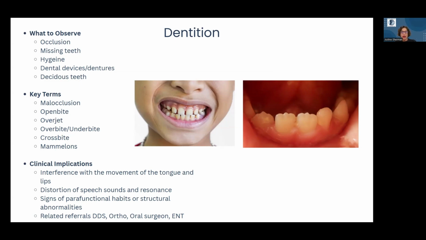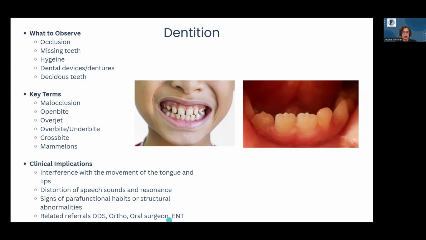We're going to observe the client smiling, speaking, and gently biting. We are looking for whether they have a normal bite, an overbite, an underbite, or a crossbite, and I'm going to go over that in a moment. We're going to look at missing teeth, any dental appliances like braces, retainers, or dentures, and the general overall health and hygiene of their teeth.